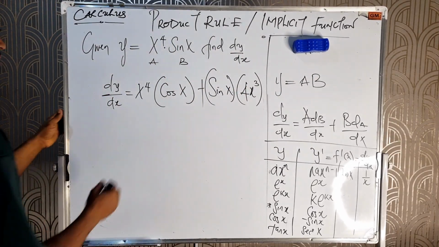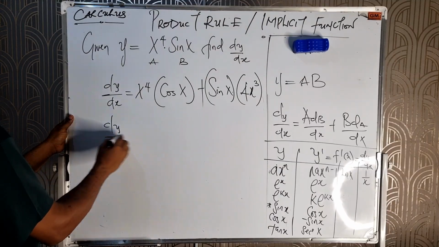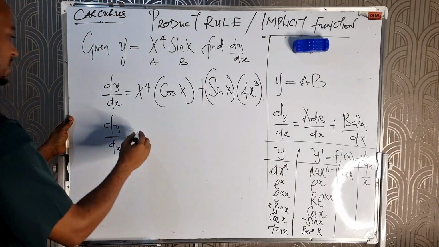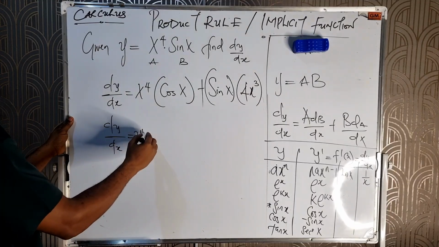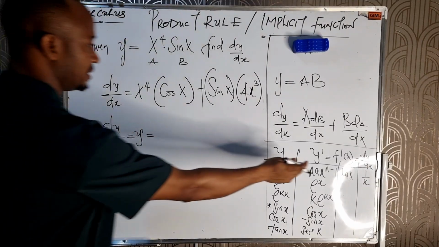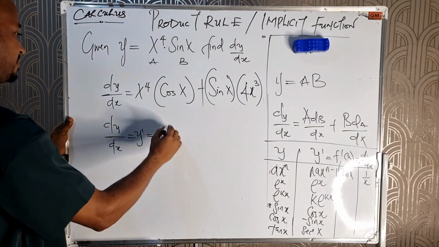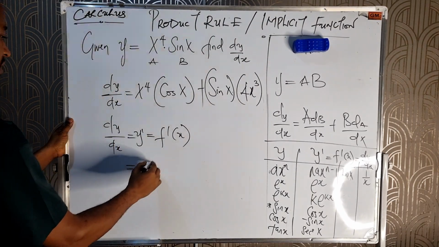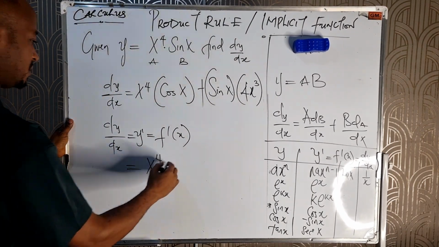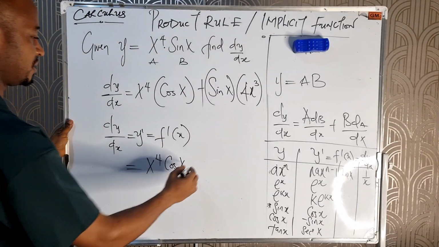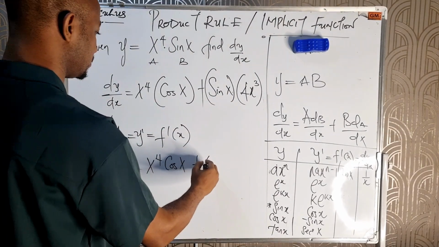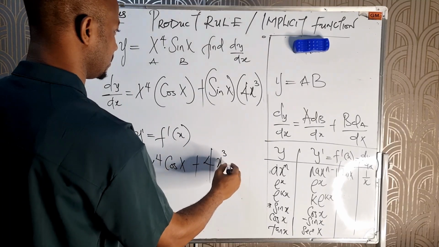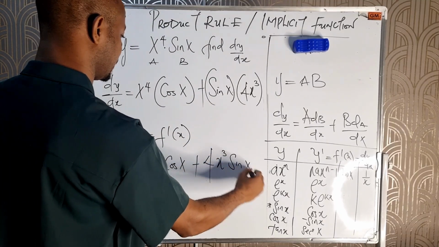So this will give us our dy/dx, which can also be replaced with y prime, or f prime of x, is equal to x to the power of 4 cos x plus 4x to the power of 3 sine x.